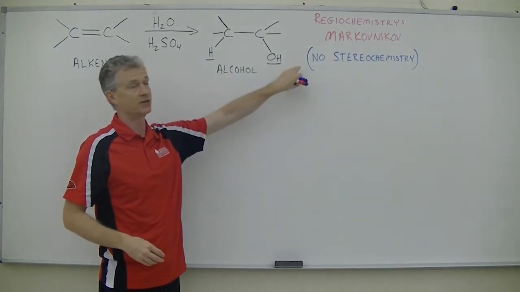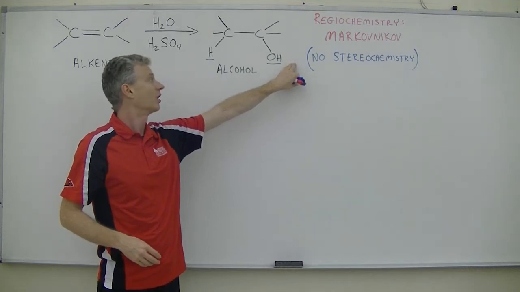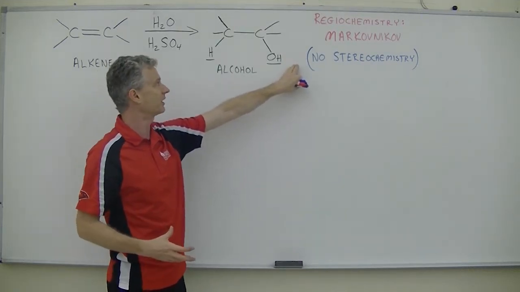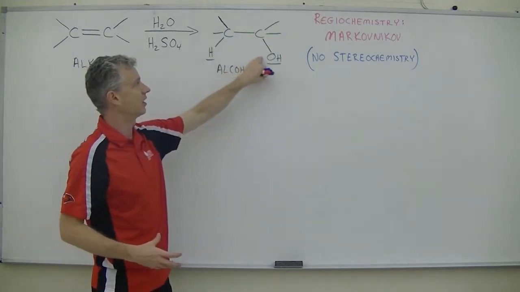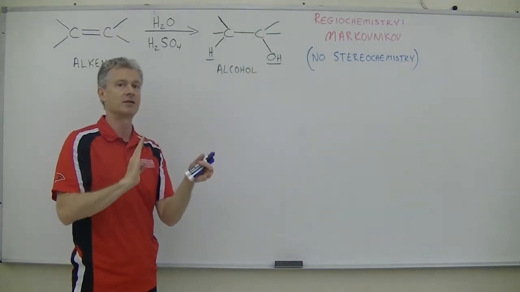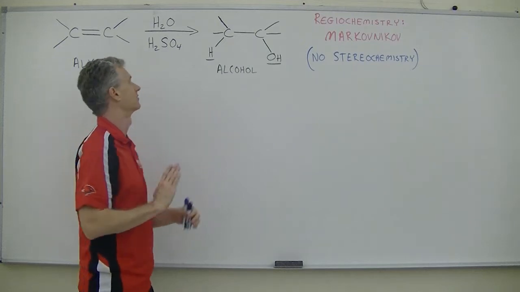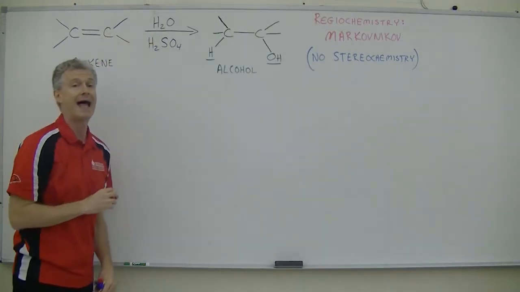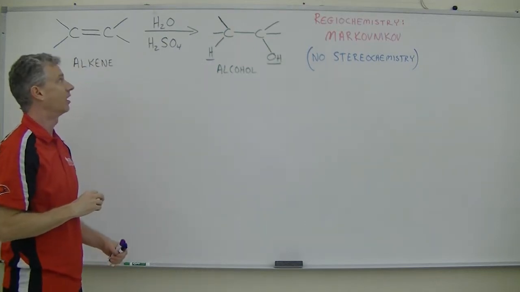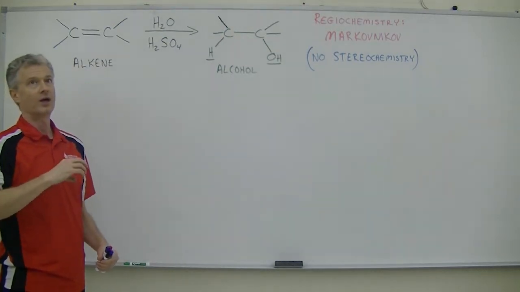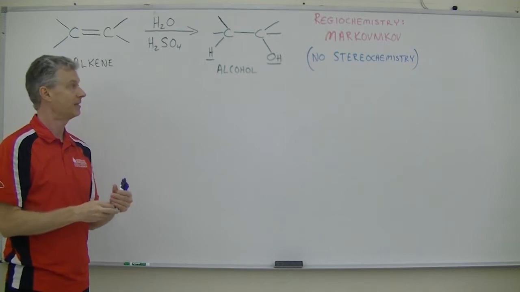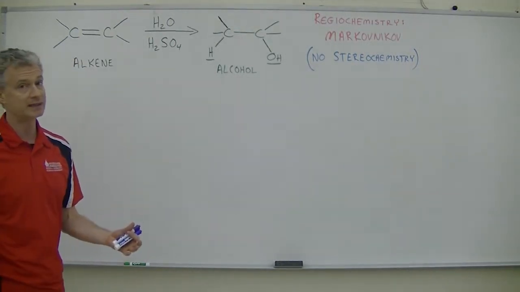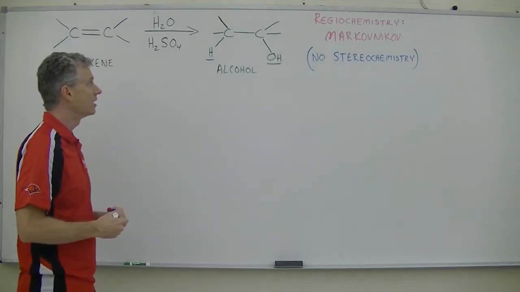This reaction doesn't have stereochemistry, or as we'd say, it's not stereospecific, meaning that the H and the OH could end up in any pattern relative to one another. We say it's an addition reaction because we're adding elements to a molecule, but we're not taking anything away. The mechanism is an important one for us to know, and it explains the regiochemistry.